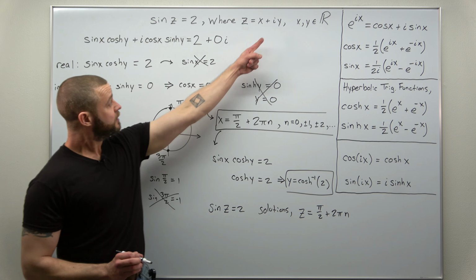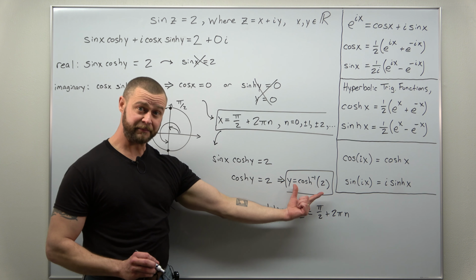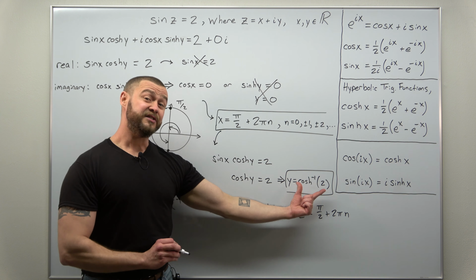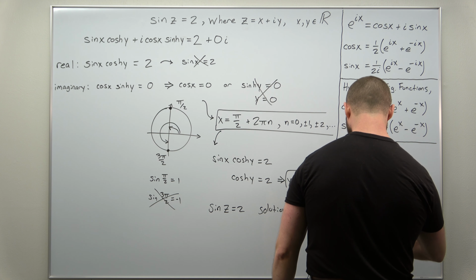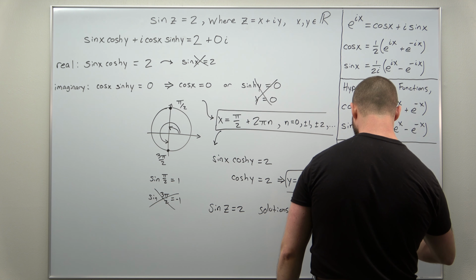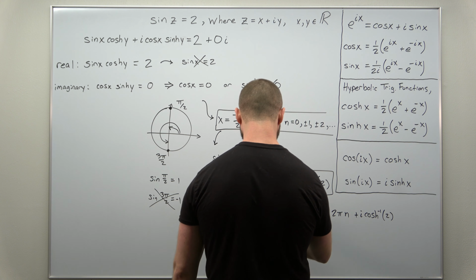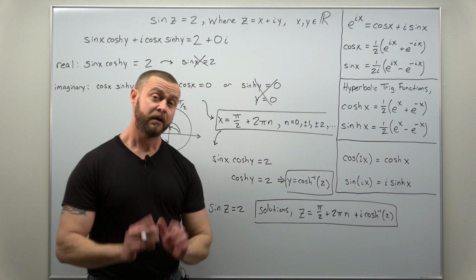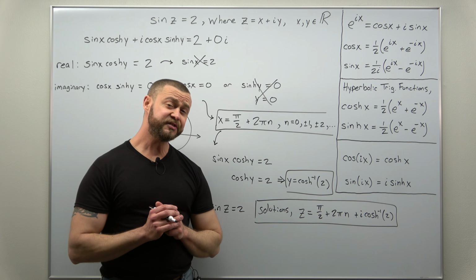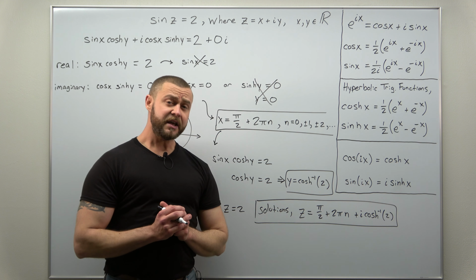And don't miss your imaginary unit. We have plus i times y, where y is inverse hyperbolic cosine of 2. So I'll write this as plus i inverse hyperbolic cosine of 2. And we get it. That completes our solution for sine of x equals 2.